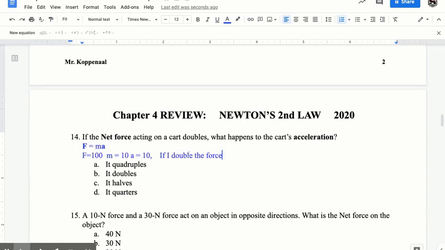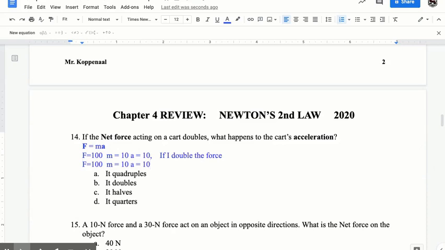So I double the force. I'm going to need to take this. I'm going to need to copy paste it. And I need to double the force. So this now needs to be 200. And it says compared against acceleration. So the mass needs to stay the same.